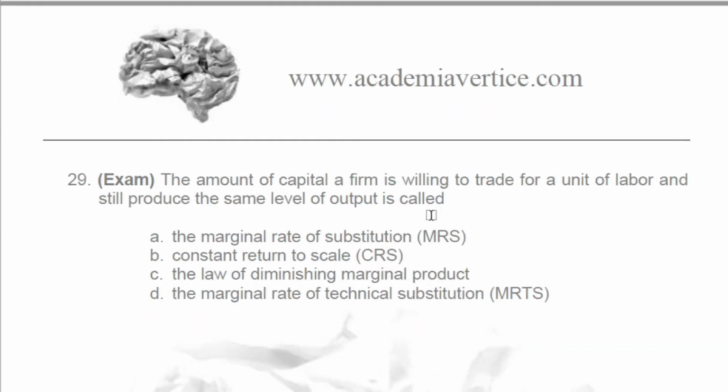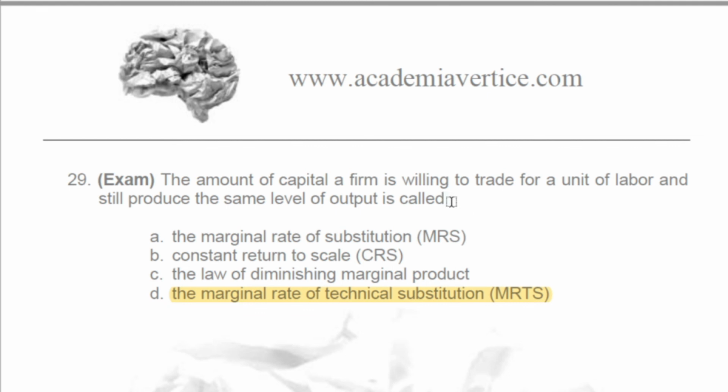Well, another exam question. The amount of capital a firm is willing to trade for a unit of labor and still produce the same level of output is called, of course, MRTS. This is the economic interpretation of the MRTS, which is the slope of the isoquant.